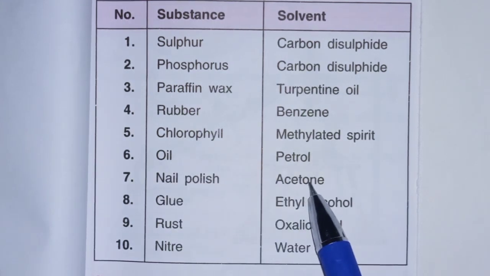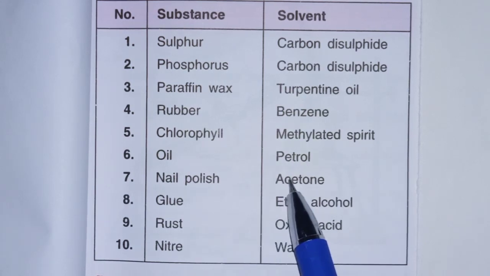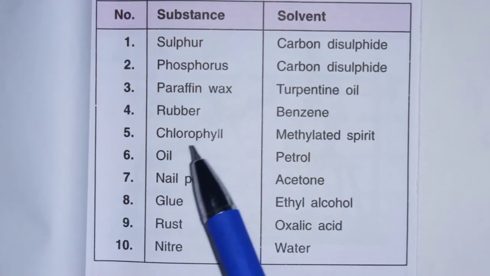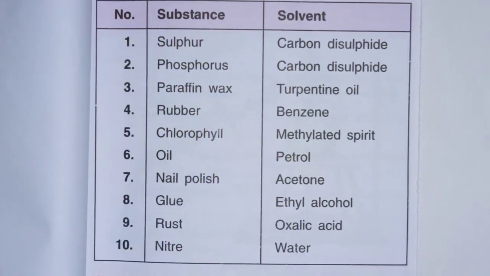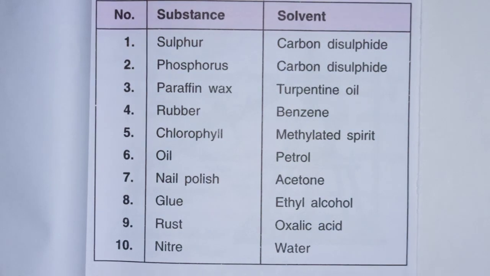Nail polish: acetone, a solvent you can use at home also. Glue: ethyl alcohol. Rust: oxalic acid. And nitrate: water. So these are the solvents in which these 10 substances can easily dissolve. Keep this in mind so that it will be easier for you to separate the components.